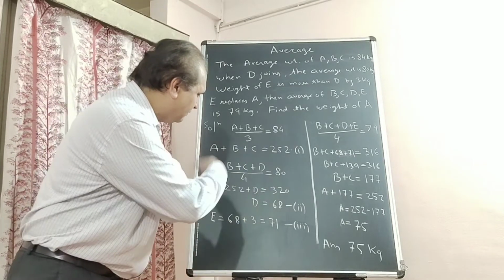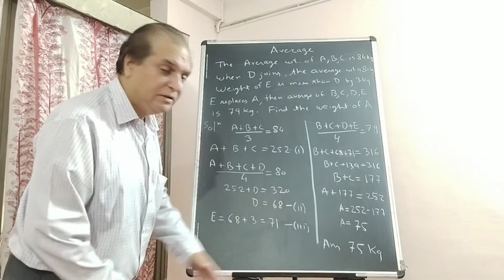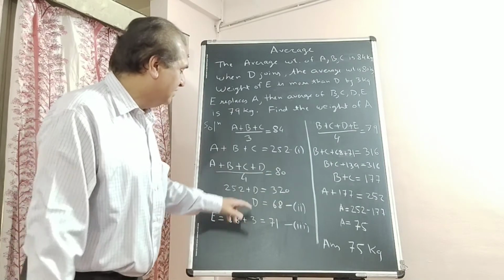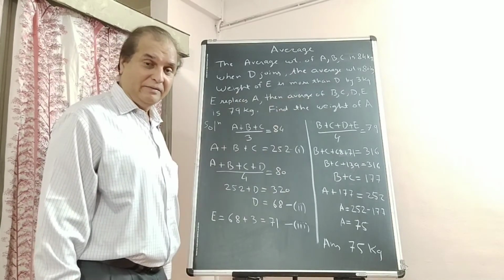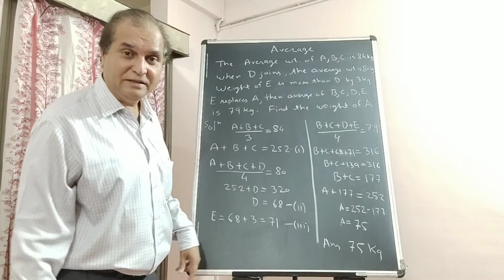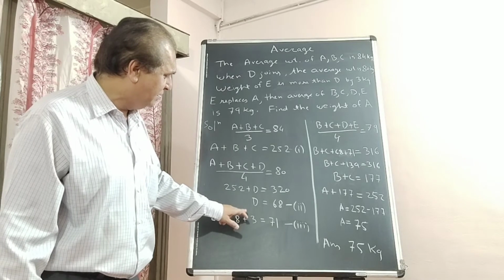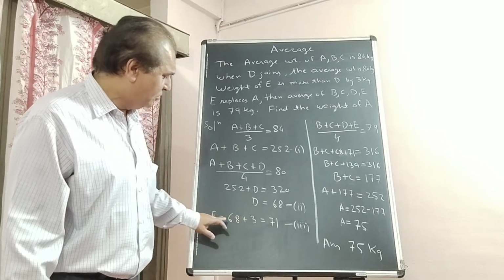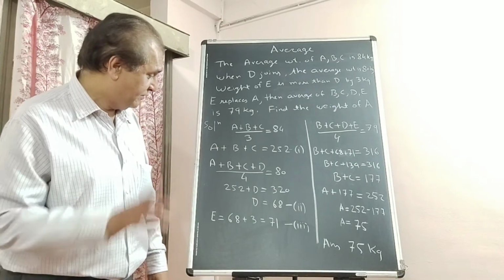D equal to 252 shifting that side, 320 minus 252, that comes to 68. Now we got the weight of D. But we want the weight of A. Now E is 3 kg more than D. So E equal to 68 plus 3. D you know 68. So E is 3 kg more, that comes to 71 kg.